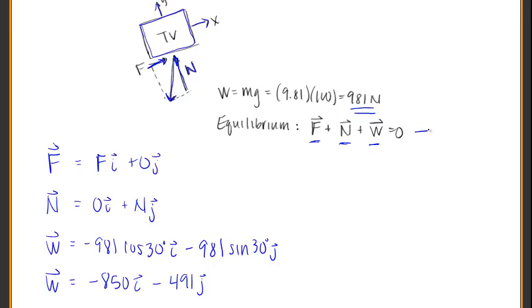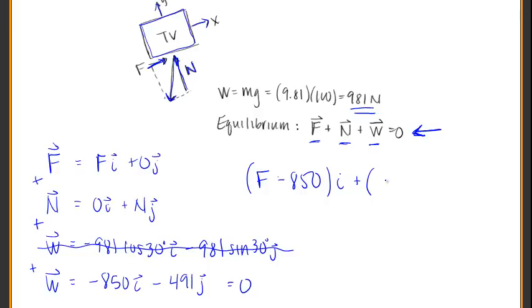Alright, to wrap this up, using this main equation right here, saying that this plus this plus this all has to add up to 0, if we write out all of the I components, it's F plus 0 from the N, then minus 850, all of that times I, plus, and let's then do the Y component, or the J component.